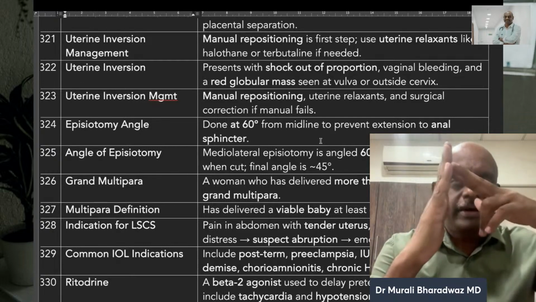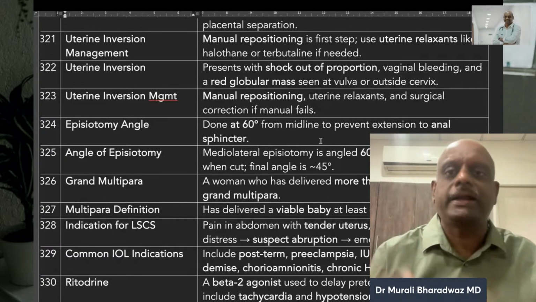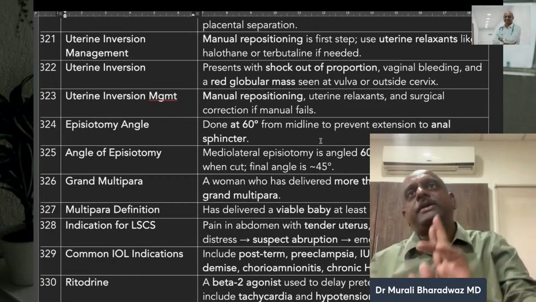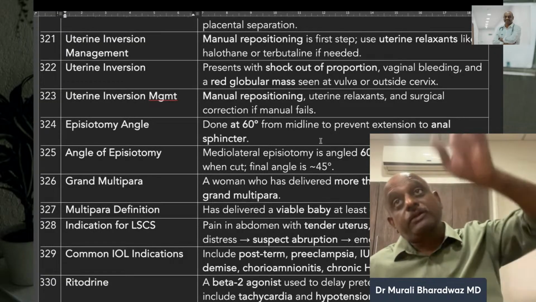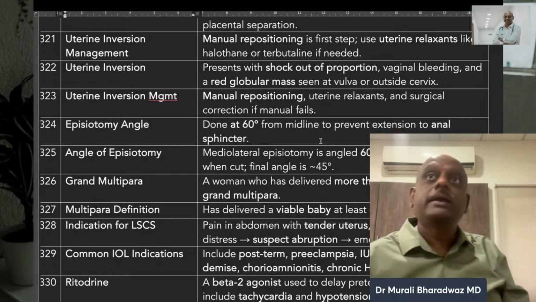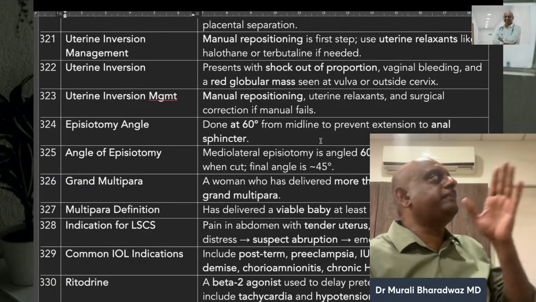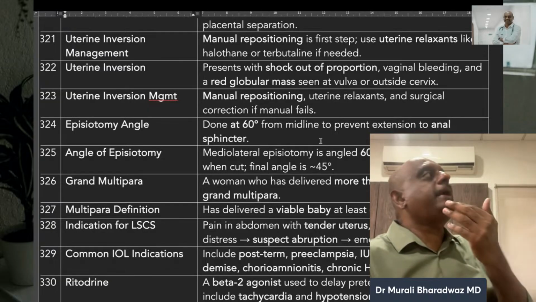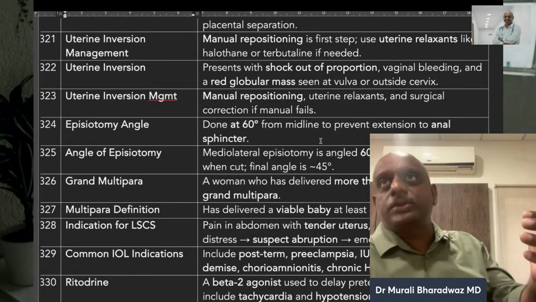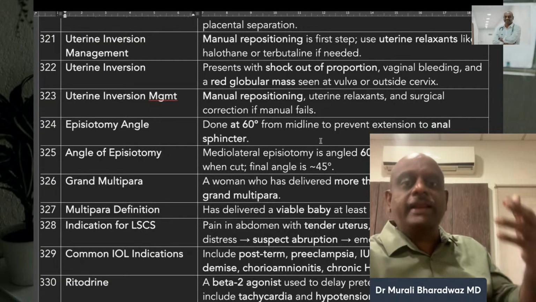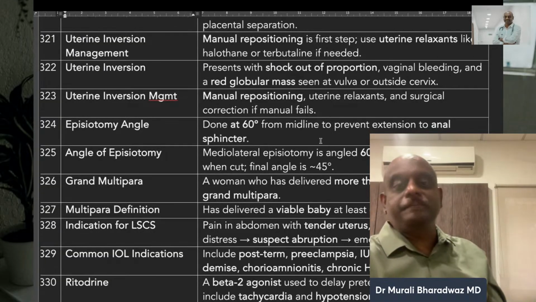You will make the cut at 60 degrees from the midline to prevent the extension of the cut up to the anal sphincter. So the episiotomy is a mediolateral episiotomy, angled at 60 degrees from the midline when cut, and the final angle is 45 degrees.